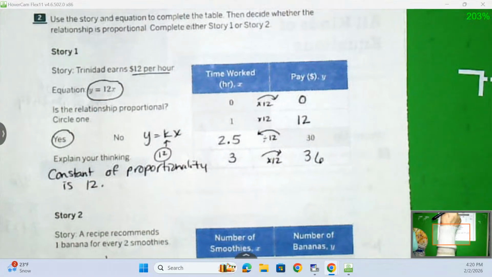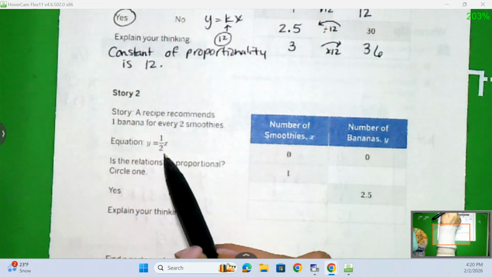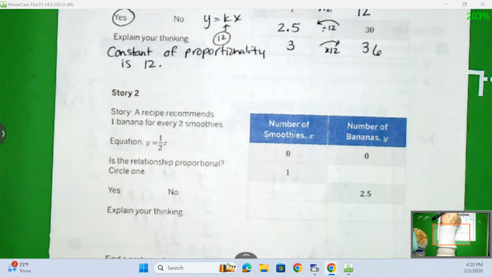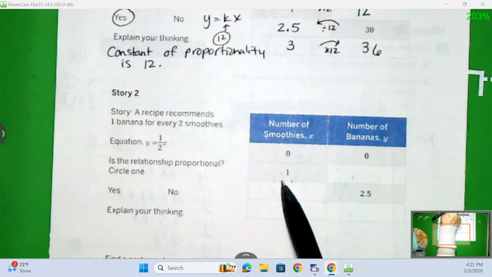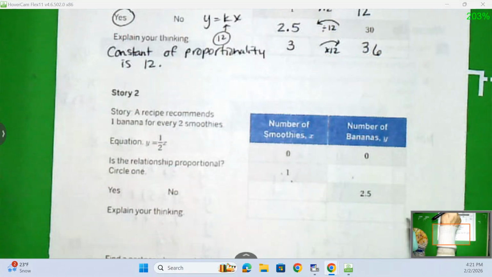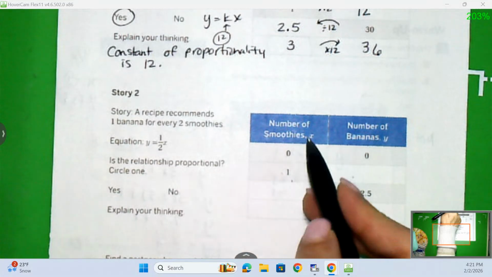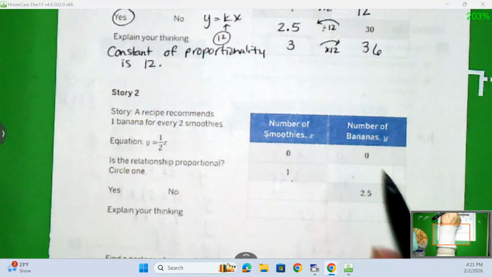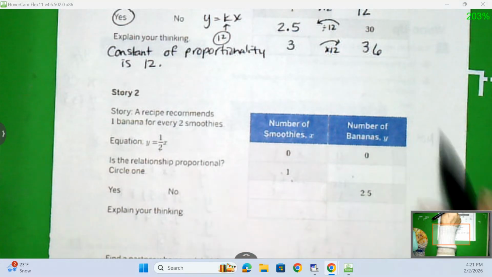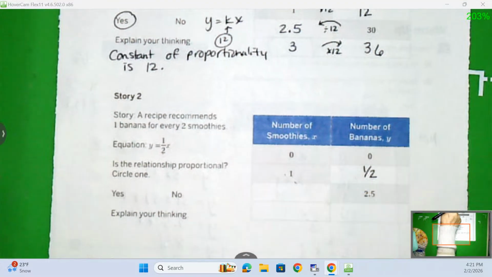In story 2, a recipe recommends 1 banana for every 2 smoothies. So it's a 1 to 2 relationship here. We have to take whatever the x value is and multiply it by 1/2. So 1/2 times 0 gives us 0, and 1/2 times 1 gives us 1/2.